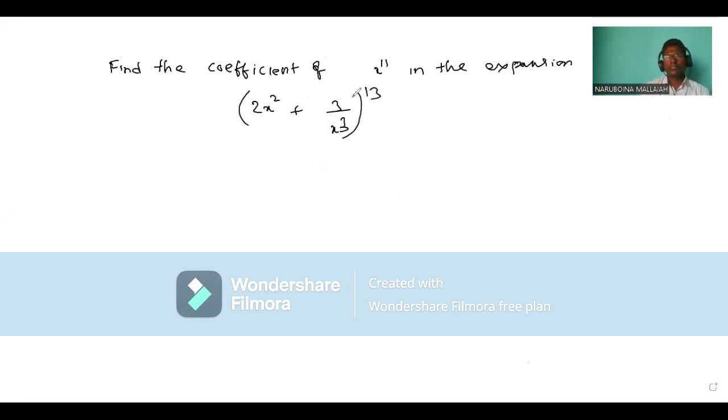So the coefficient of x to the power of 11 is to be found. For that, again we take the general term: T(r+1) is equal to nCr x to the power of n minus r into y to the power of r.